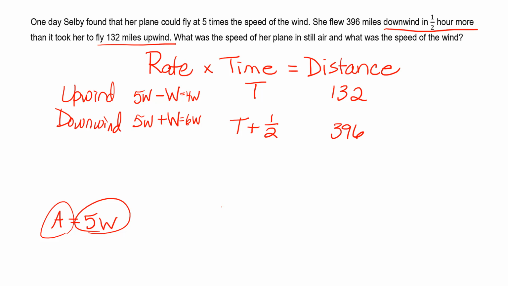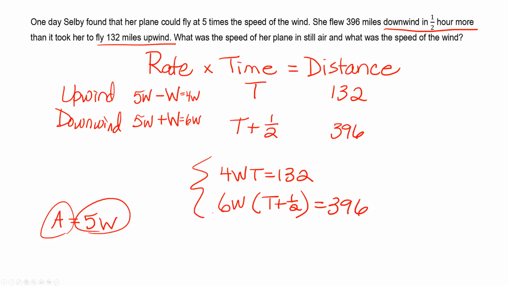So I can now write two equations in two unknowns. So 4W times T is equal to 132, right? Rate times time equals distance. 6W times T plus 1/2 is 396. So these are my two equations.